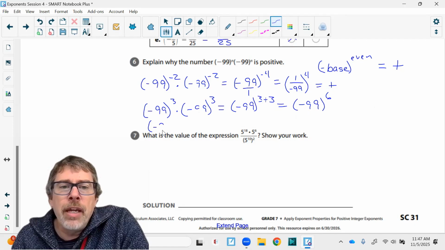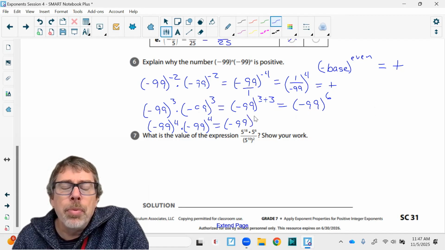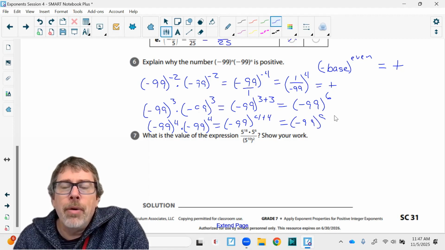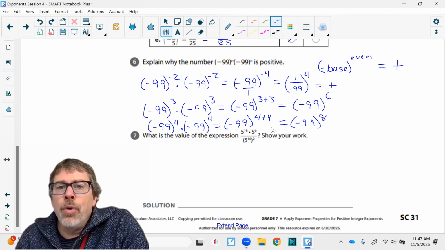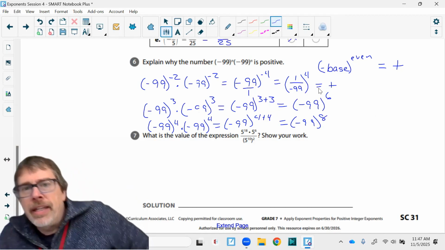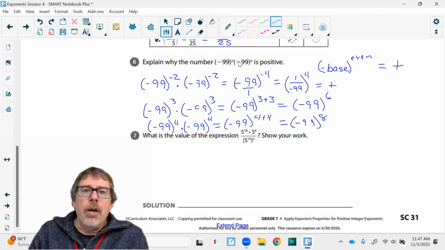And then when I choose a positive even number like 4 and multiply it by negative 99 to another 4, well, that's negative 99 to a 4 plus 4, right? And that's going to give me negative 99 to the 8th power. So regardless of odd or even as our exponent, we're always going to get an even exponent when adding that. And that is why this will always be positive.